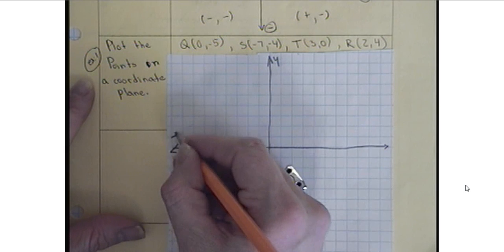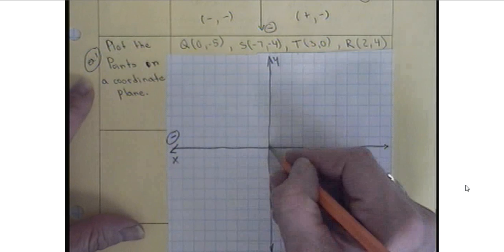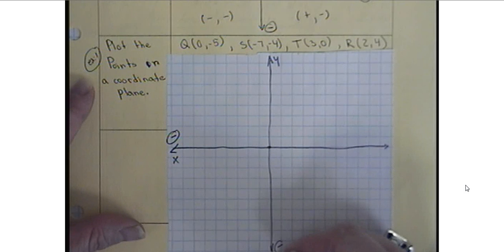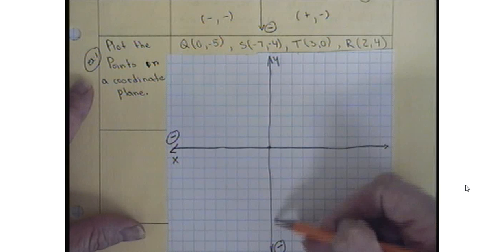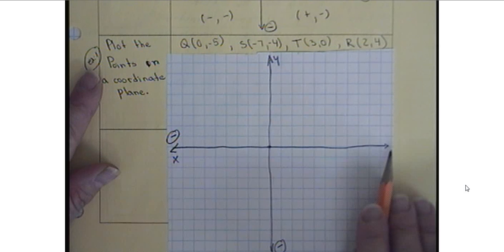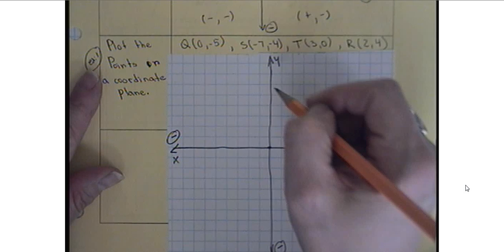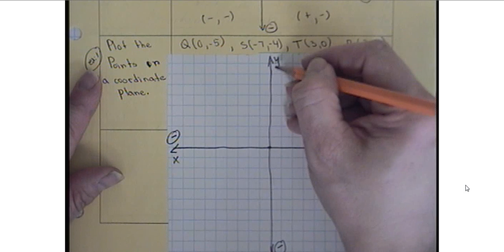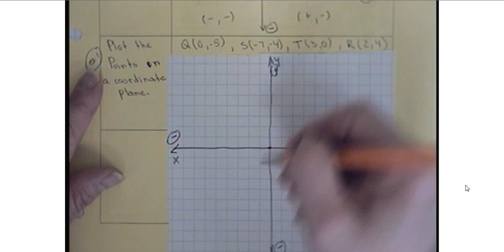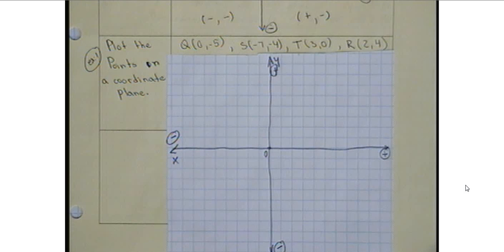All negatives from 0 are on the left here, and all negatives for y will be down here. All positives for x will be to the right from 0, and all positives for y will be on the top. This is 0.